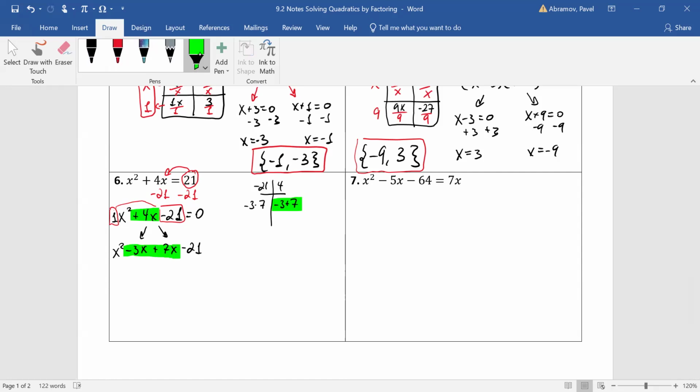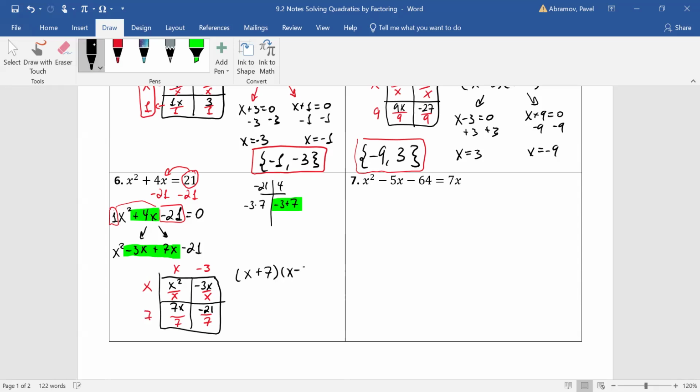Okay, so we're using the 3 and 7, then using our box, we'll end up with x squared, negative 3x, 7x, and negative 21. The greatest common factor in the first row is just x, then we'll end up with x and minus 3 on the top. The greatest common factor in the second row is 7, and then we divide everything by 7. We get the same expression as on the top. And then we'll end up with x plus 7 times x minus 3.